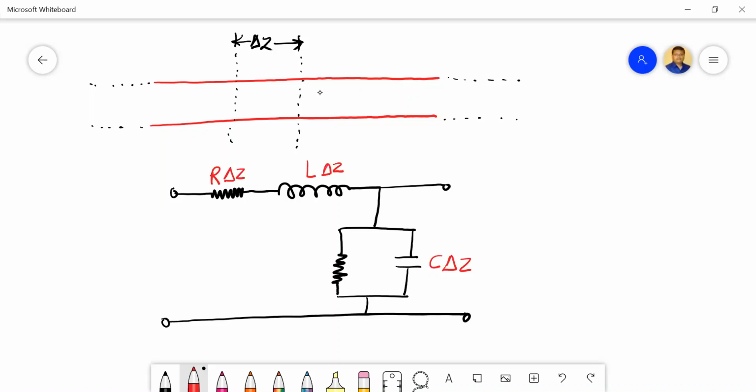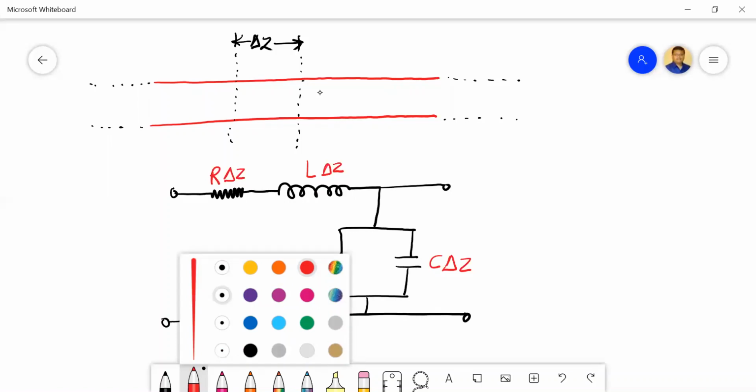Because we have to accommodate the whole transmission line, and we are particularly talking about a segment of the transmission line. So let's make it per meter, so that when we multiply with the required length, we'll get the total capacitance or inductance.